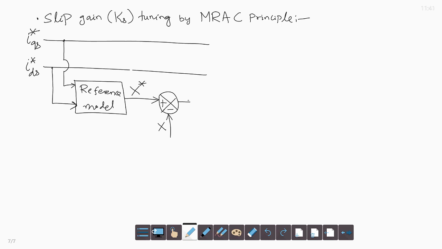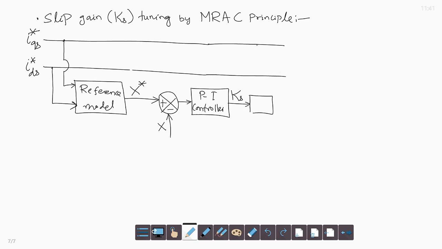So, the error goes through a controller, let us say a PI controller can be used, which is simple, and this tunes the parameter Ks, the slip gain. So, Ks is multiplied with IQ star, and that is the slip speed omega SL.